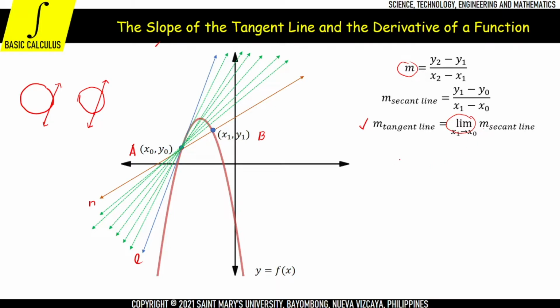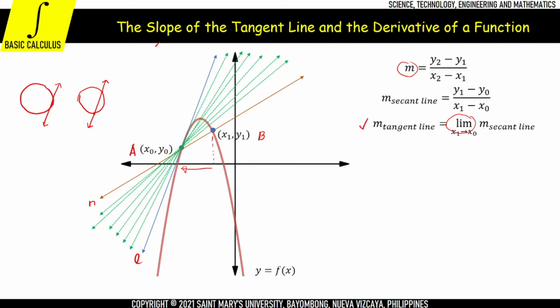Kumbaga, in ordinary term, ang kukunin natin is the limit, ililimit natin yung slope ng secant line in such a way that yung x sub 1 natin dito, correspondingly, lalapit ng lalapit dun sa x sub 0. Habang palapit siya ng palapit sa x sub 0, yung secant line magiging tangent line.